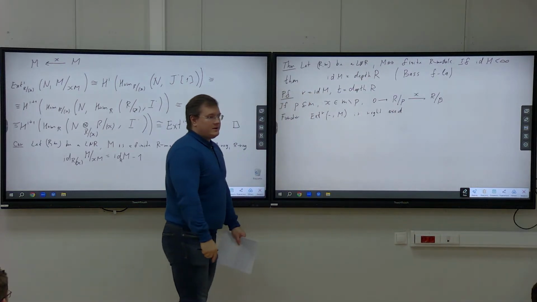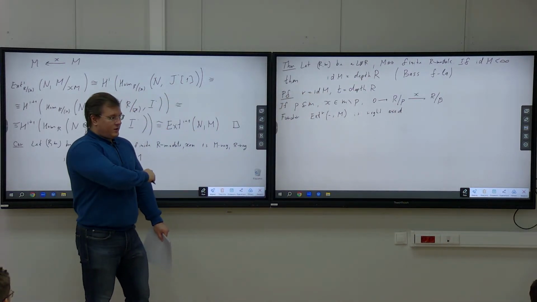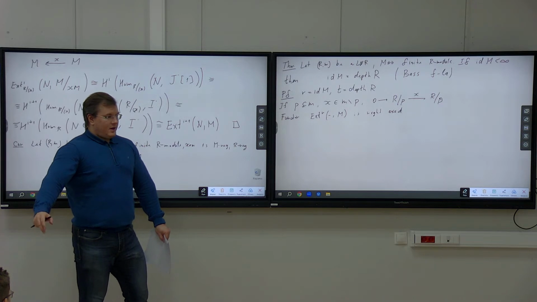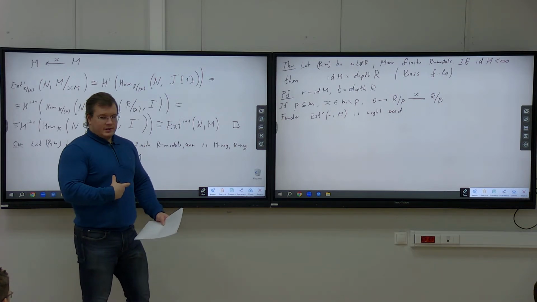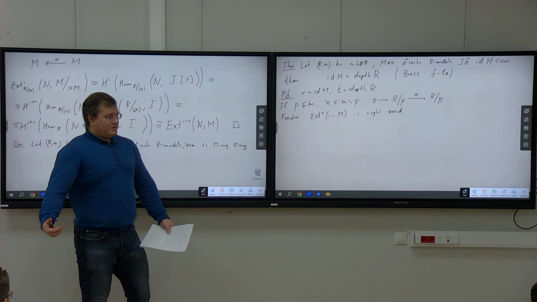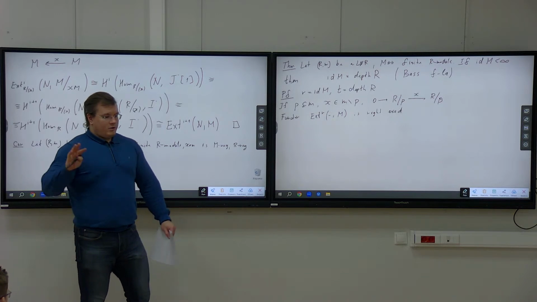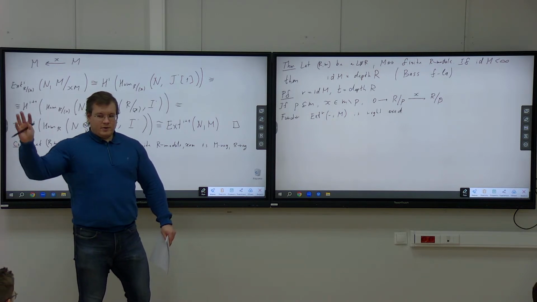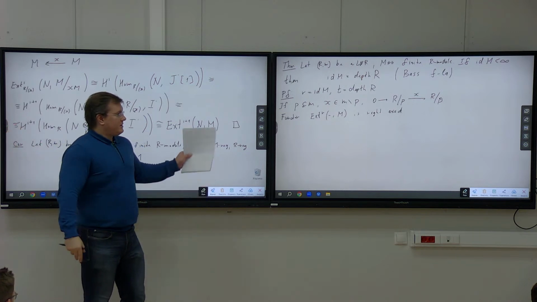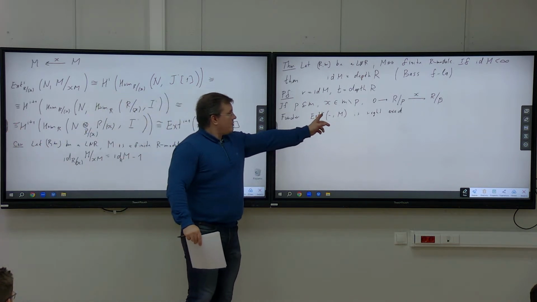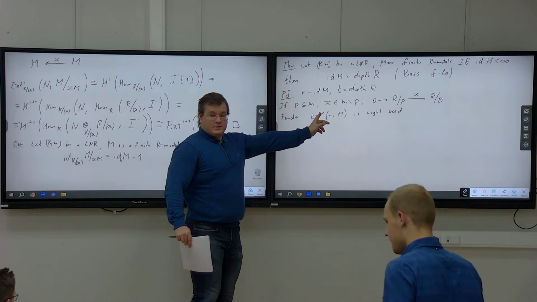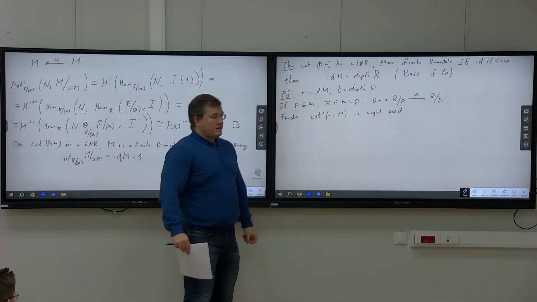Do you see that this is right exact? Now you essentially just write the long exact sequence for Ext, take any short exact sequence, and look at the very end where this Ext is stopping, where you get exactly the statement about the last non-zero index. Then this gives you the right exactness of Ext.